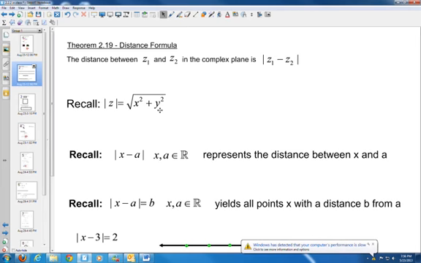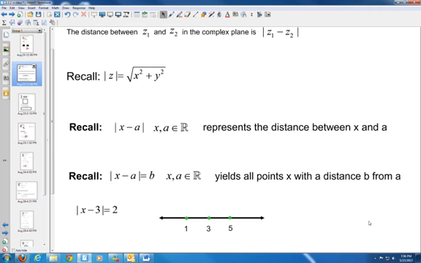In one dimension, we know that the absolute value of x minus a, here we're switching to x and a being real numbers, represents the distance between any two real numbers x and a. We're ultimately going to want to talk about the distance between two complex numbers, so we'll first talk about real numbers.